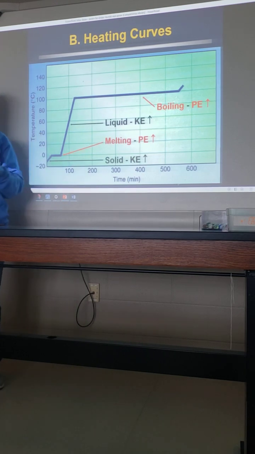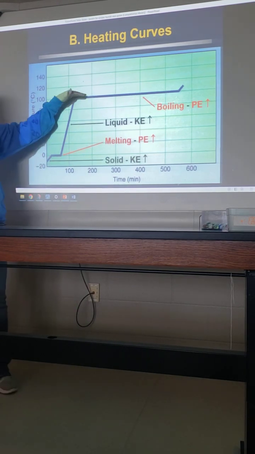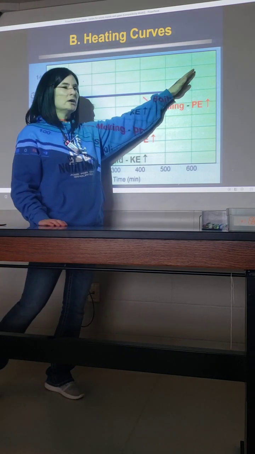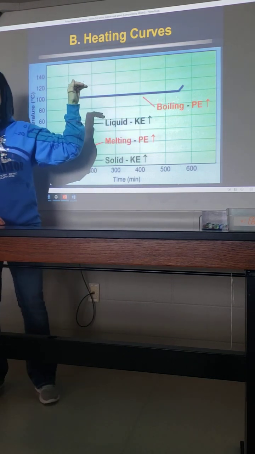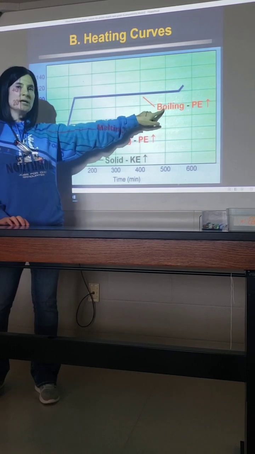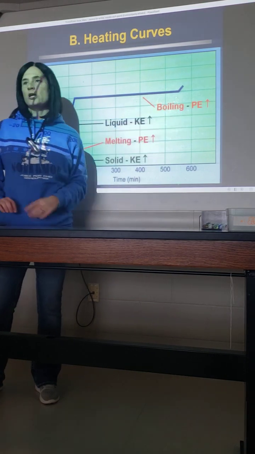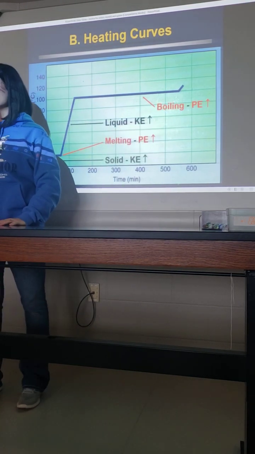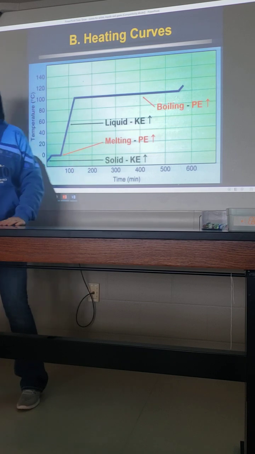So even though you're cranking up the heat, the temperature's stuck at 100, right? It doesn't start to go over 100 until all of the liquid has changed into a gas, because that thermal energy, that heat that you're putting into the liquid, is changing the potential energy and the spaces between the molecules.